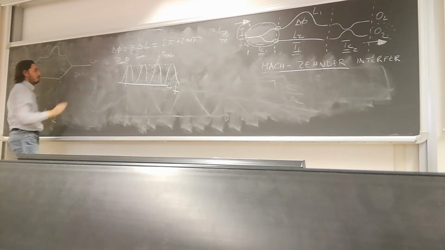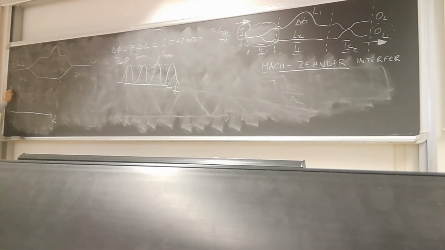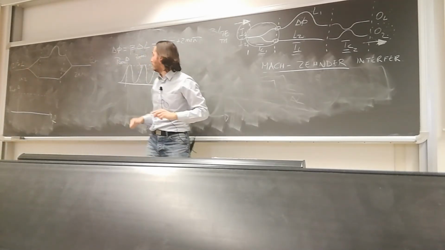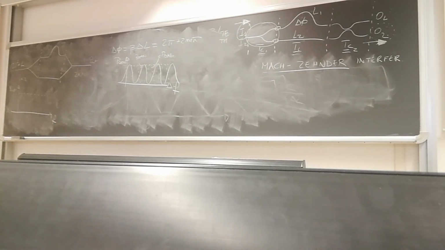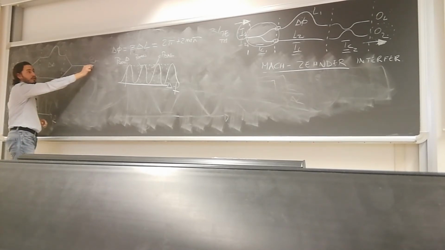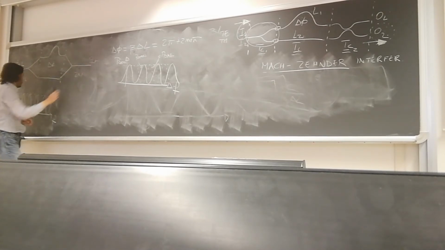I have only a single waveguide, and I want to measure the light here. So if I make all the calculations with the transmission matrices, I find that the shape is the same. Changing the frequency, I change the delta phi between these two arms, and what I see is this. So periodically I will see the power appear here, up, down, up, down, up, down, like this.